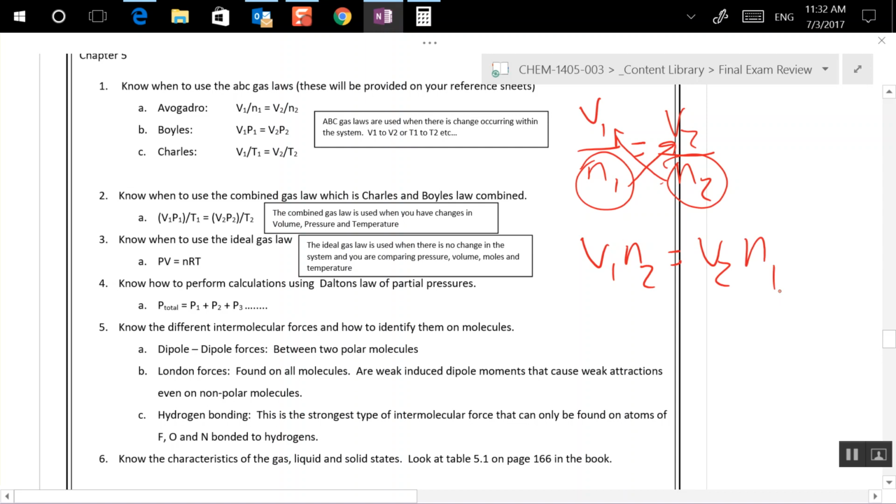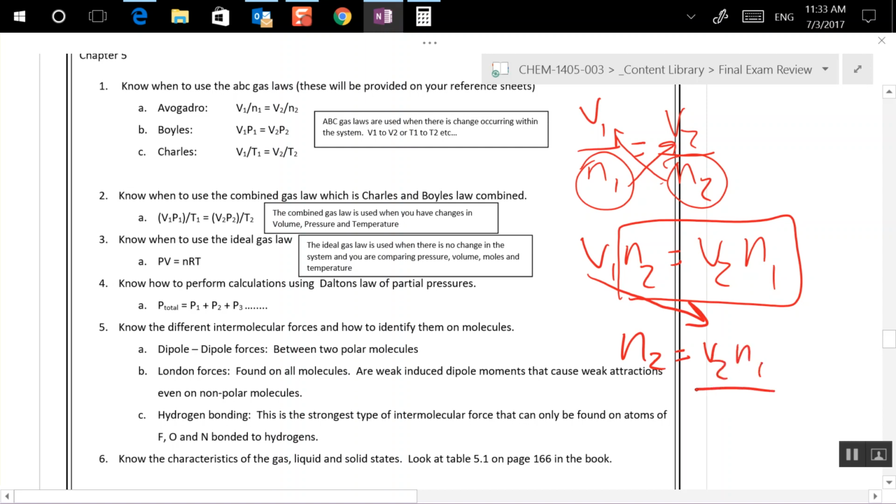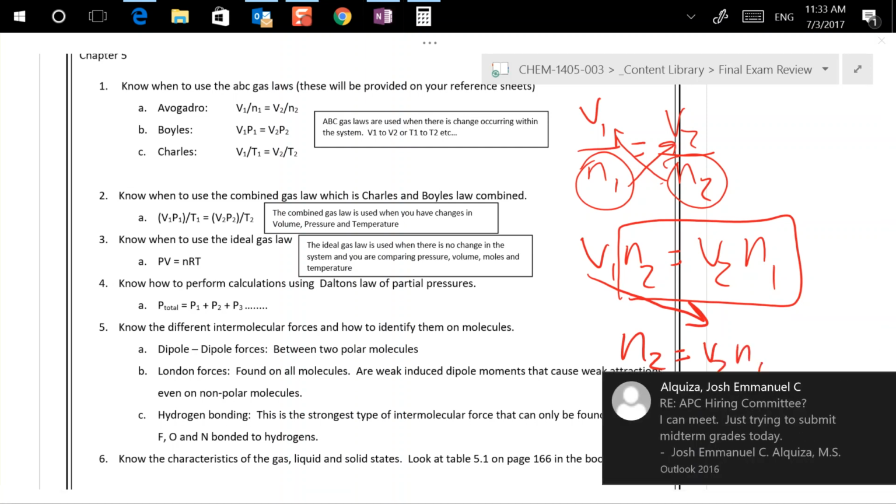Now, whatever I'm solving for, I can easily isolate. What are the new numbers of moles? Well, N2 is equal to V2 N1 divided by V1.